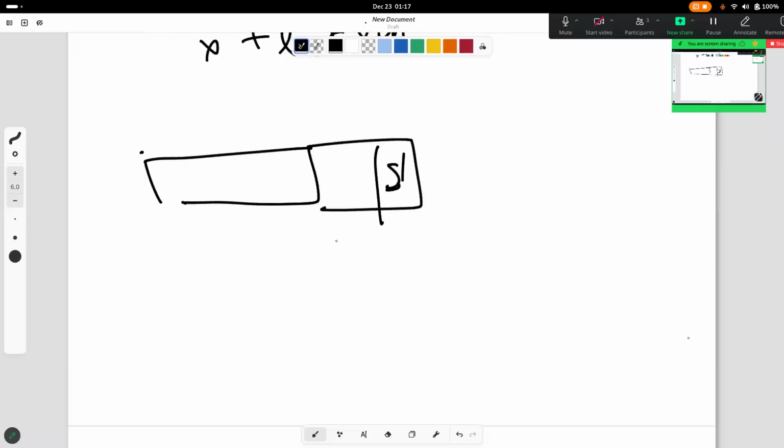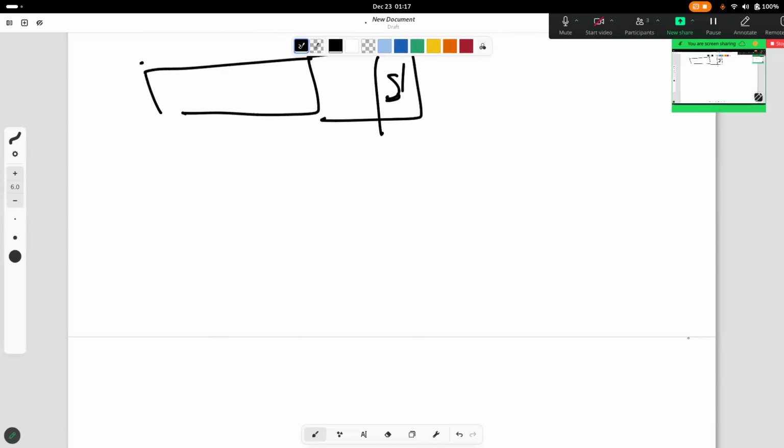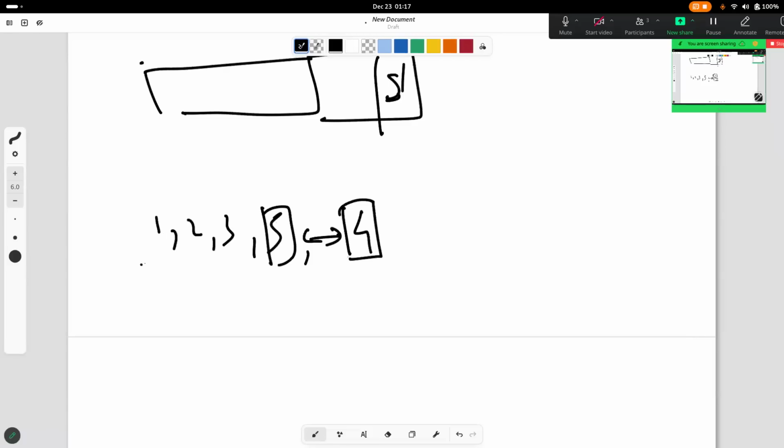Now if you go through all these things, finally, if I have placed 1, 2, 3 and say 5, and I want to place 4, how 4 changes my answer doesn't depend on 1, 2, or 3. It only depends on the last snake that was placed. So the change in answer due to the addition of 4 will only depend on the last element that was placed, not all of these elements.